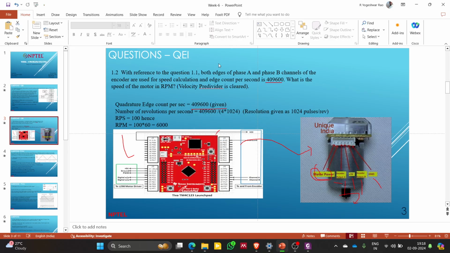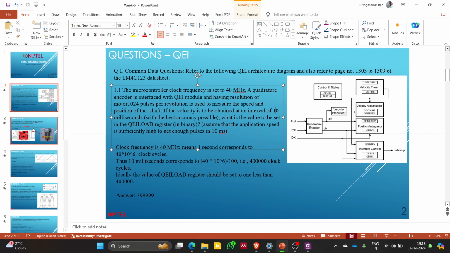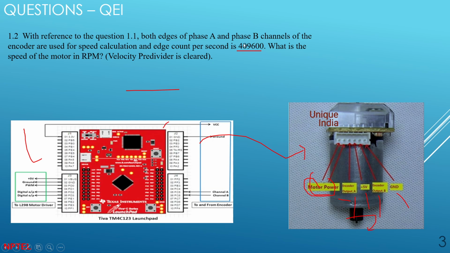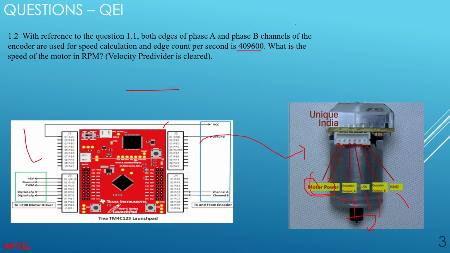Right? What was it? It is the PPR, which is 1024 pulses per revolution. Okay, what it means is that the encoder specification is that it can sense up to a reading of 1024 pulses per revolution, PPR.